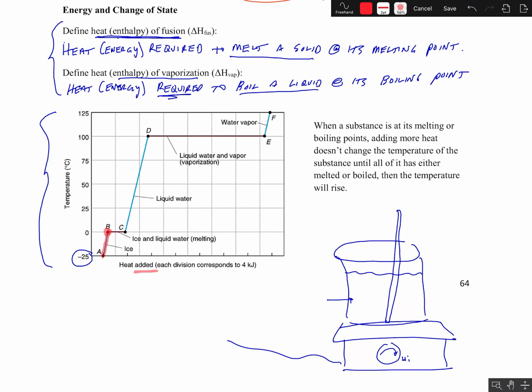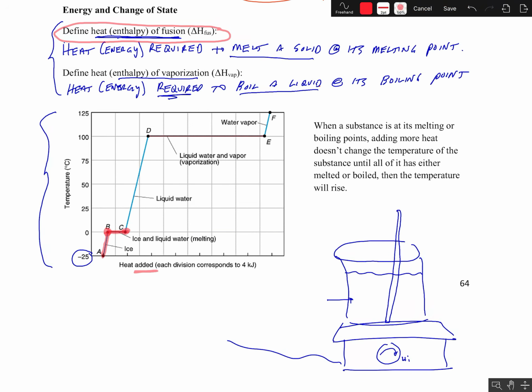Because what's happening? That's right. The enthalpy of fusion comes into play. The energy that you're adding goes into melting that solid at its melting point. So during this time, the temperature doesn't increase, but the phase changes. You go from a solid to a liquid.